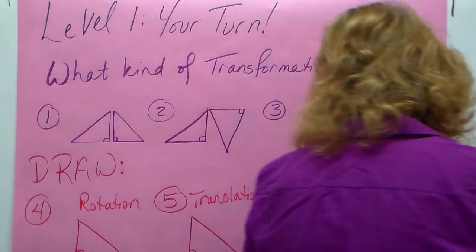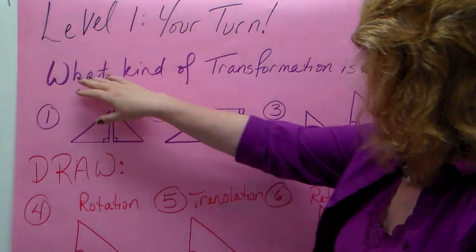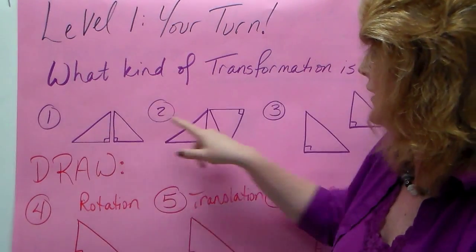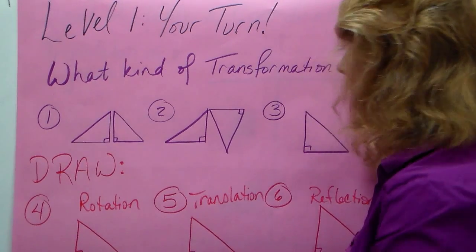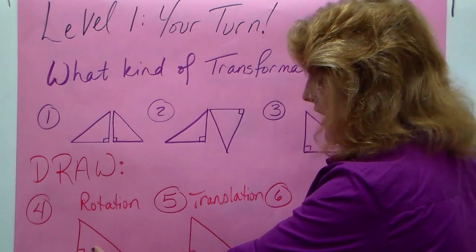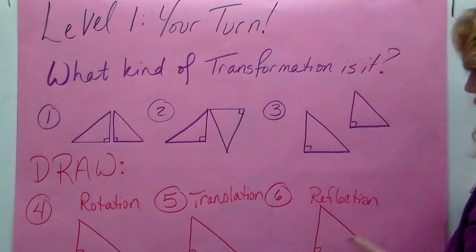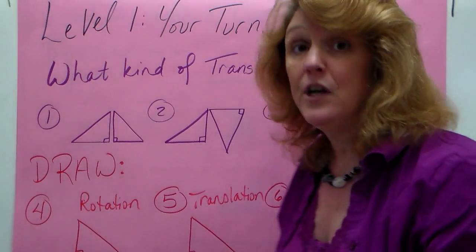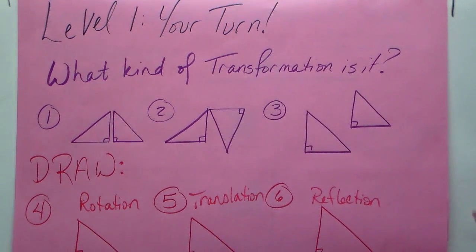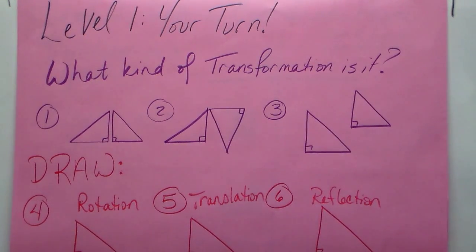So, take a minute to write this down. First, you're going to tell me what kind of a transformation these are, and then you're actually going to take this shape and you're going to draw a rotation, a translation, and a reflection yourself. So take a moment to hit pause and work these 6 out.